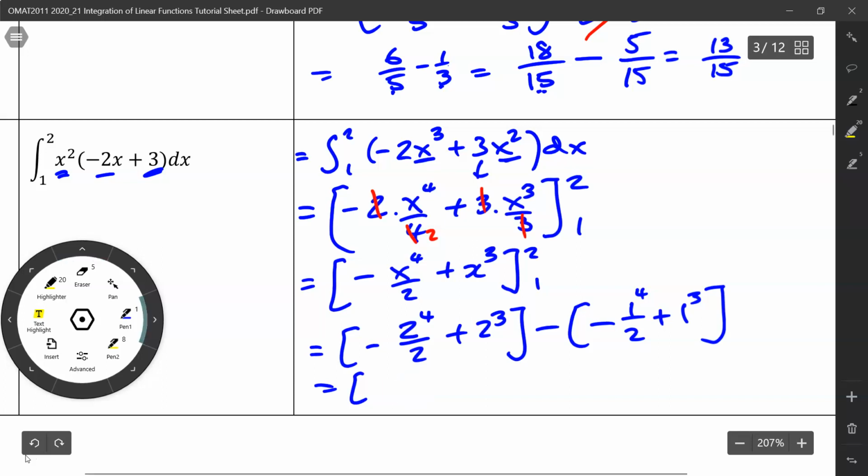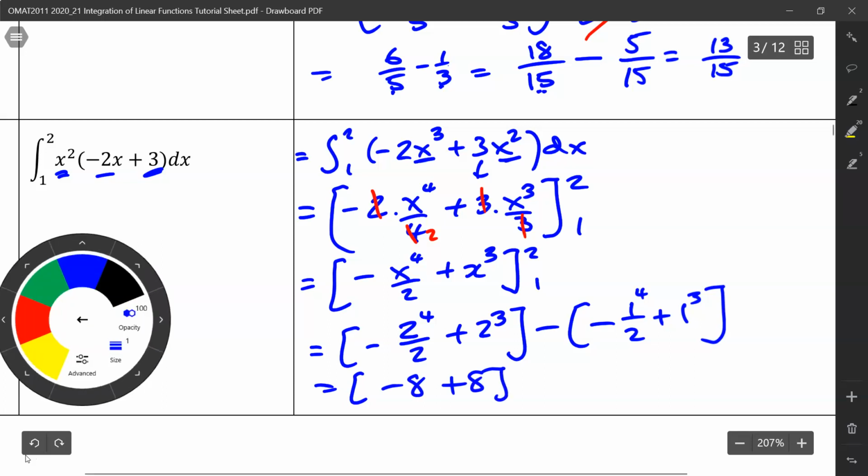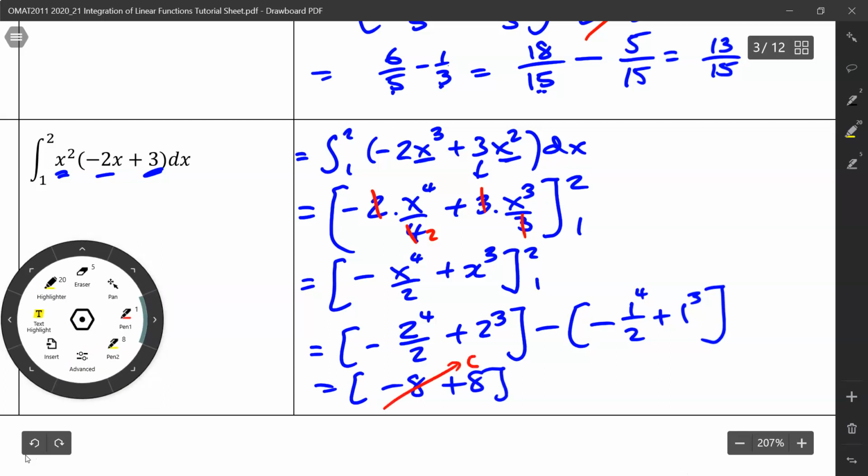But you'll see that these are going to cancel. So we have minus 8, and here we have plus 8. So that lot there is going to go to 0. And here we have minus, and we have minus a half plus 1, which is plus a half. So it's minus times plus a half, which is minus a half.